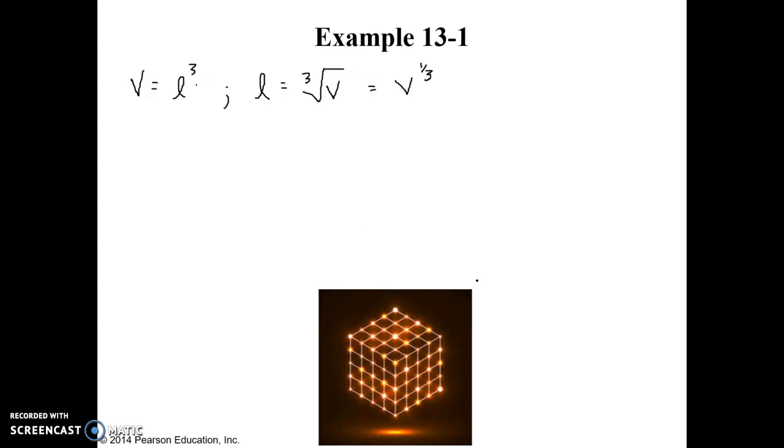So if we want to know the number of copper atoms, let me try to draw a cube here, along one edge of the cube, just right along that one edge, we could take the number of copper atoms to the 1/3 power.